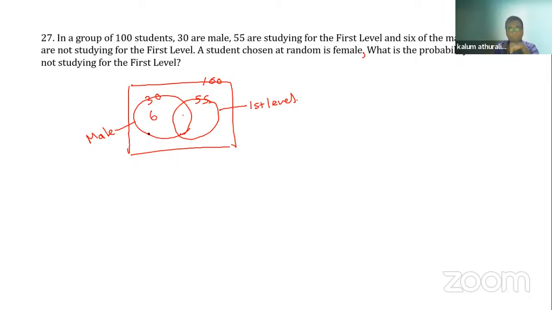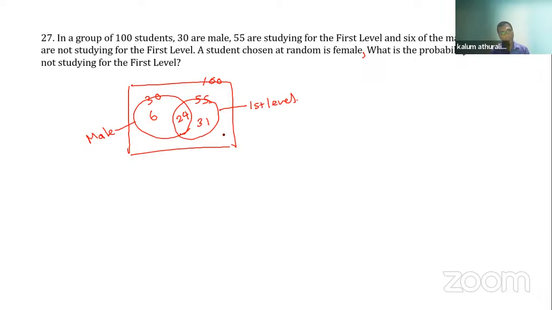Then how many students are here? Six. Here is 6, which means here is 24, because the total should be 30. This one is 24, so this one is 55 minus 24, 31. Then the total should be equal to 100.